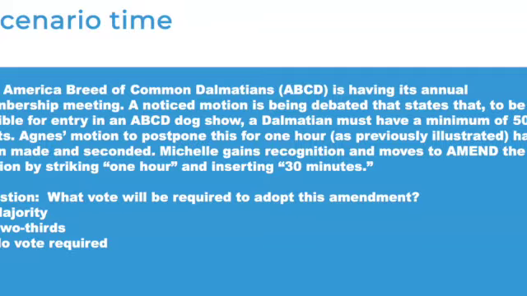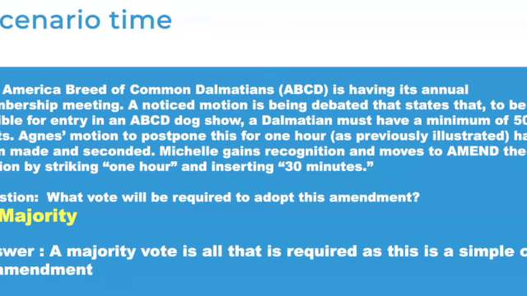Michelle gains recognition and moves to amend the motion by striking out 1 hour and inserting 30 minutes. What vote will be required to adopt this amendment? Is it majority, 2/3, or is there no vote required? So to adopt this amendment, it is majority. A majority vote is all that is required, as this is a simple case of amending.